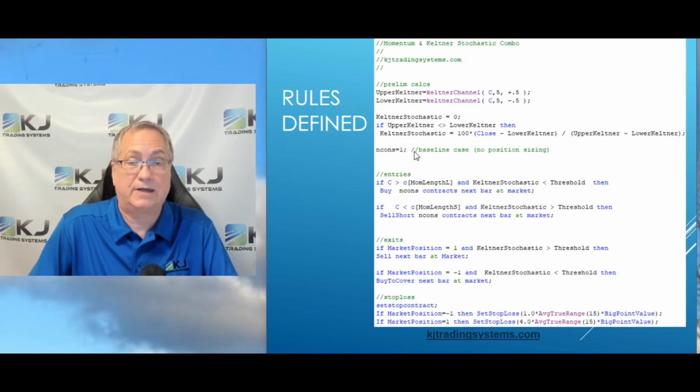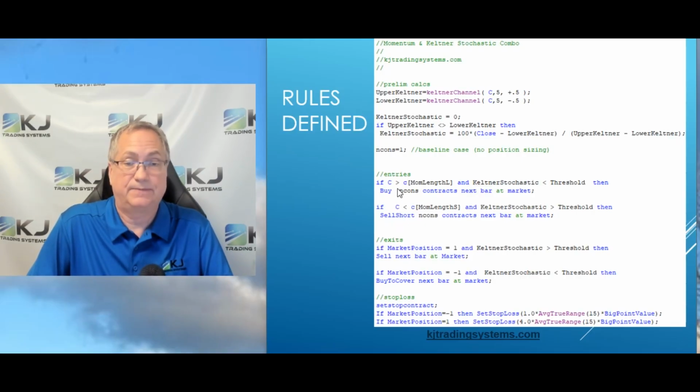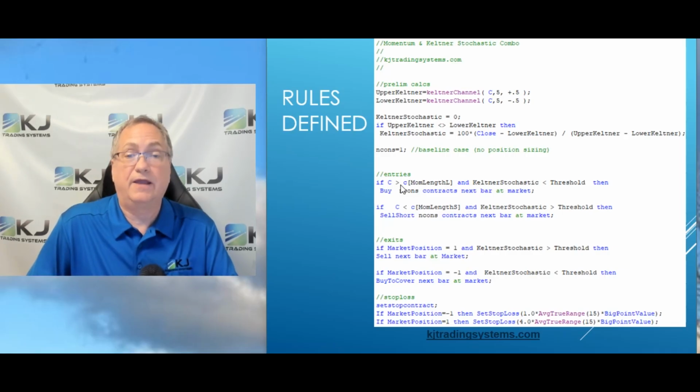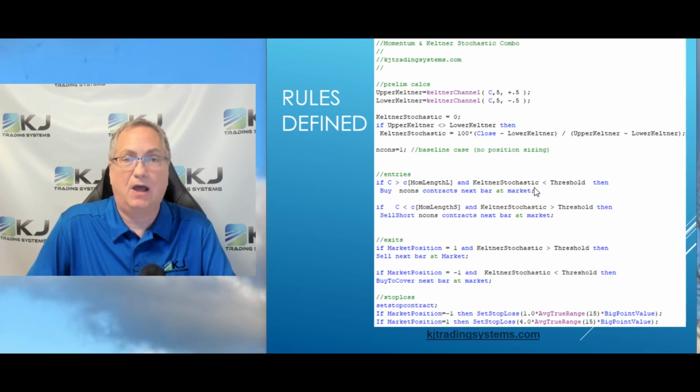Okay, I'm going to trade one contract just to start off, and now I get to my entries. And my entries are symmetric, as you'll see. You either go long, or the exact opposite, you go short. If the close is above the close a certain number of bars ago, and the Keltner stochastic is below a certain threshold, then you buy the next bar at the market.